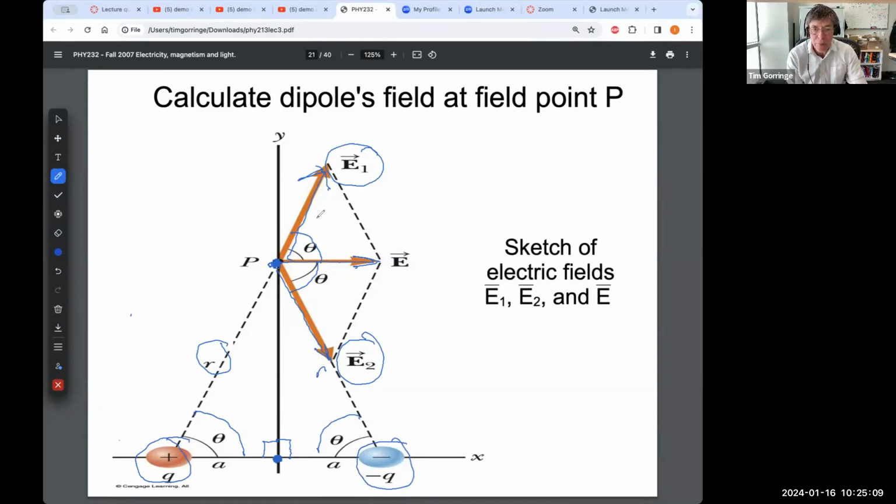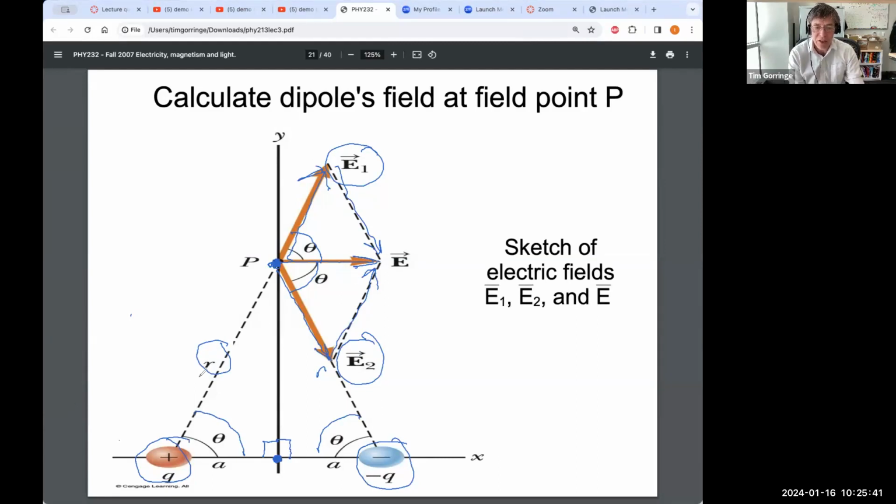Their vertical components, one's going up, one's going down. They're equal size. Their directions above and below the horizontal axis are equal to theta. Their vertical components cancel out. And so the sum of the two vectors, which I might picture like this if I added E2 and then E1, or like this if I added E2 to E1, the resulting electrical field is horizontal.